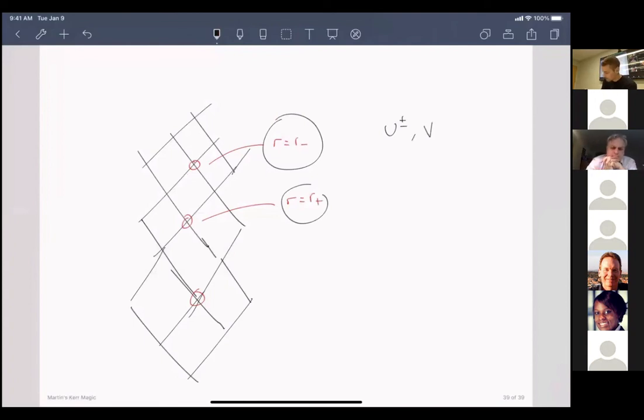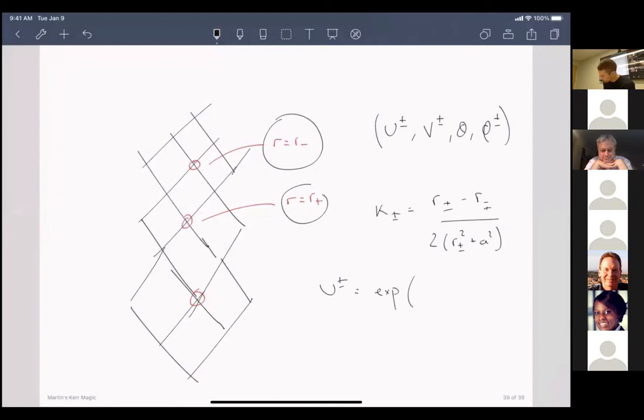And then V star plus, theta never changes, and then phi plus and minus, where kappa plus and minus is (R plus minus minus R minus plus) over 2(R plus minus minus A plus A squared). And then U takes the same form as in the Kruskal, right? So you exponentiate it. And now you have these functions.